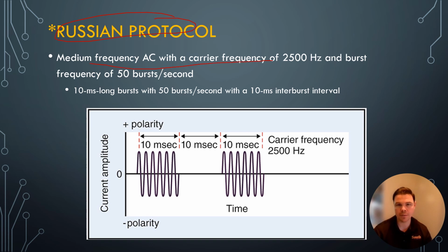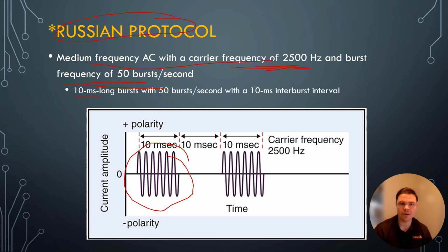What is the definition specifically of Russian protocol? There are just specific parameters here that are used for neuromuscular stimulation. When you think NMES, you're usually thinking Russian. What is specific to Russian protocol? It's the frequency set at about 2500 hertz, and then there's also a burst frequency, which is essentially 50 bursts per second carried across the treatment time.